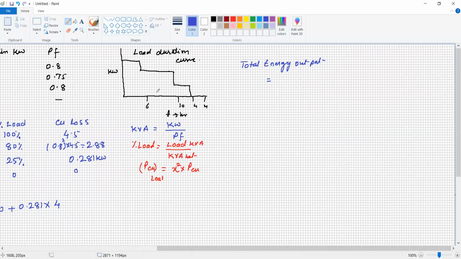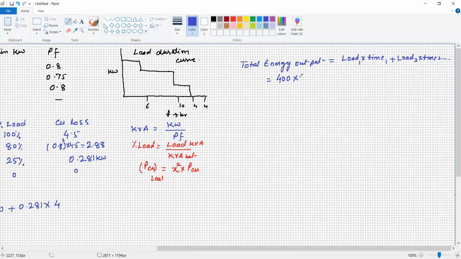So we write it as load 1 times time 1 plus load 2 times time 2, and so on.